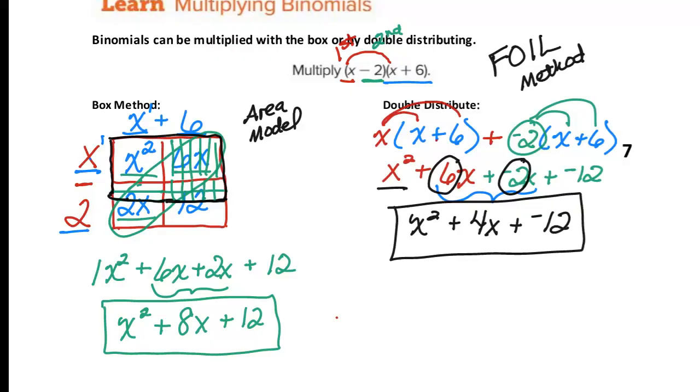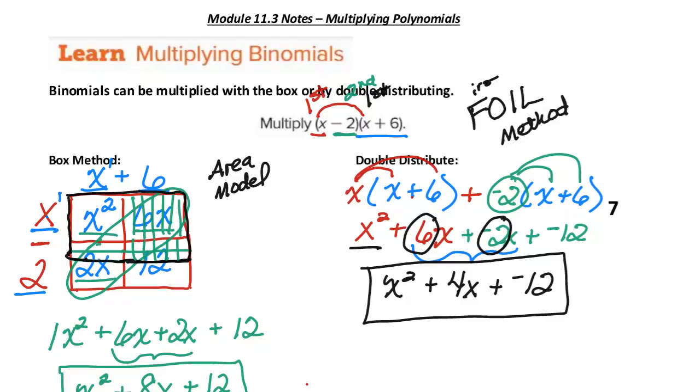Because you end up doing the first term times the first term, that's the first, and then you do the outside times the outside, which is this x times this 6, and then you do the inside two terms, so that's the -2 times the x, which is what we got here, and finally the last times the last.